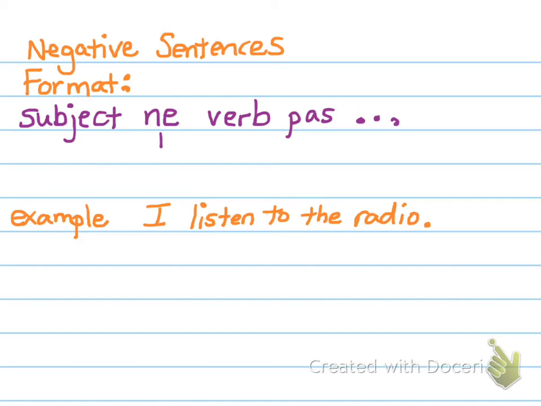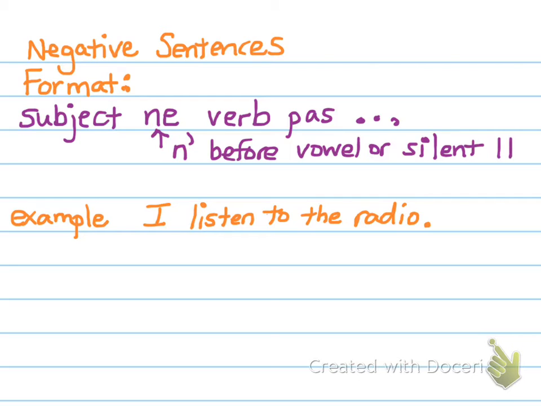Ne, because it's a short little word in French, becomes an apostrophe before a vowel or a silent H. Now this really is sort of review because you already were making sentences with être negative by putting ne and pas around être. We just apply this now to all verbs, including all these new regular ER verbs that you've learned.